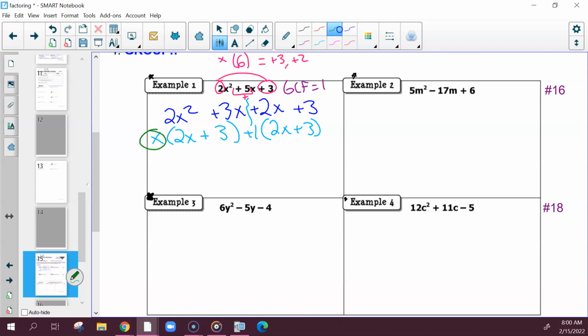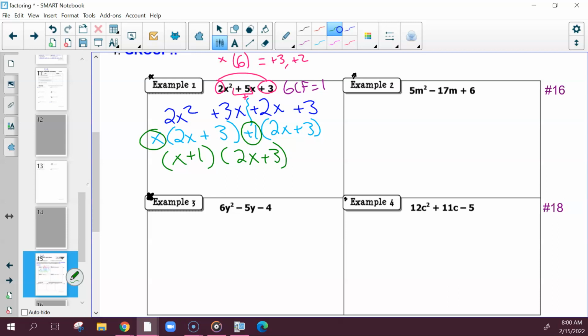The x and this one. So x plus 1 is one of them, and 2x plus 3. So there's a lot that you have to do to get there, but once you get there, that's your answer.